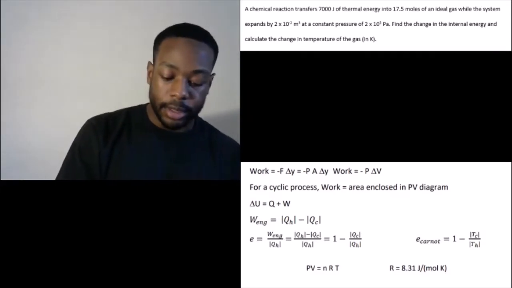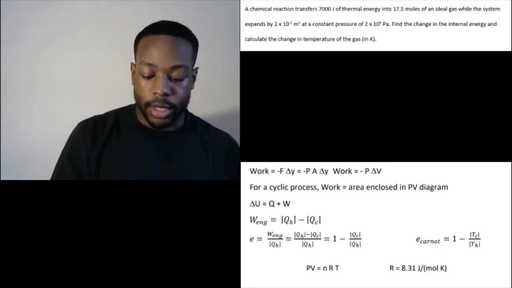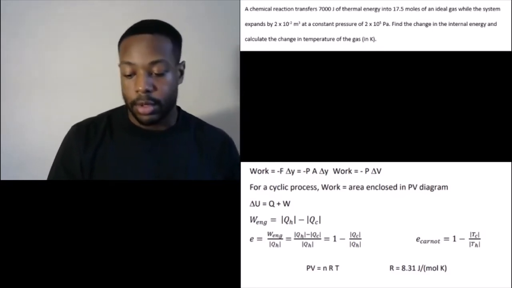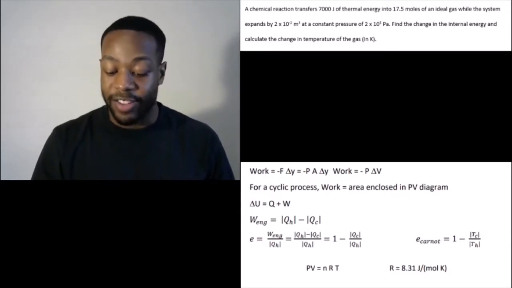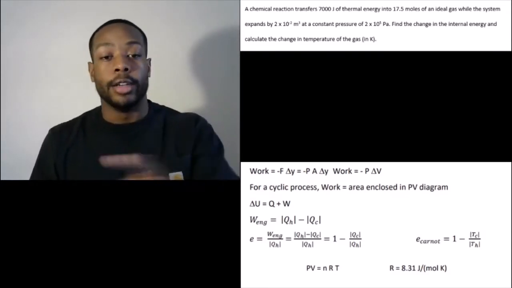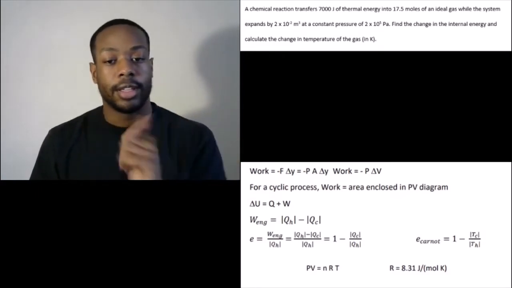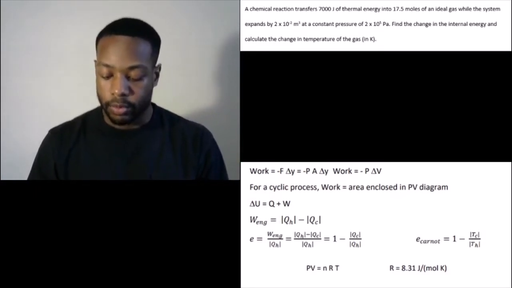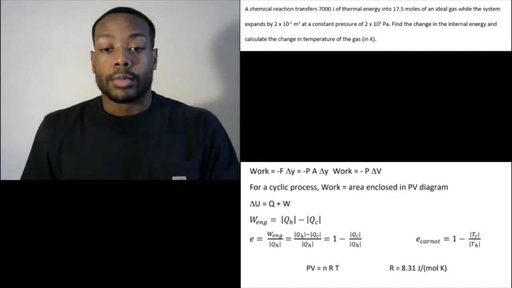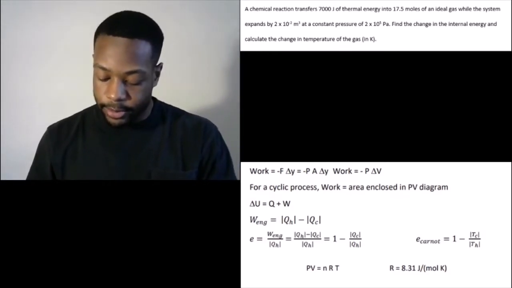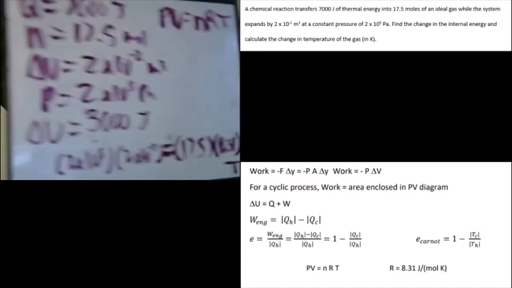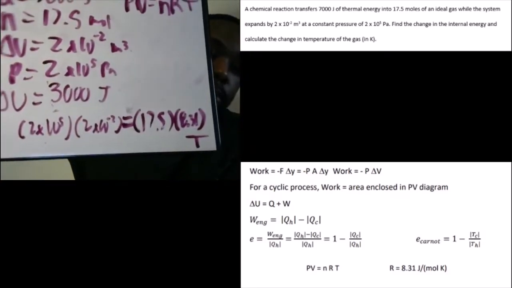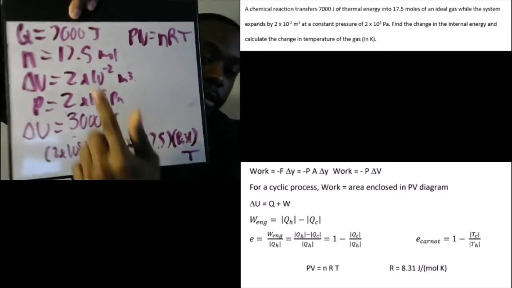So yeah, pressure is 2 times 10 to the 5, volume is 2 times 10 to the negative 2. n is going to be our moles, right? So n is going to be 17.5 moles. R is on your formula sheet, 8.31. And then T, right? So I've got just PV and RT in number form. That's it right there. It's just PV equals nRT.